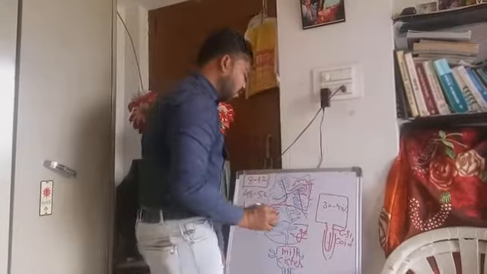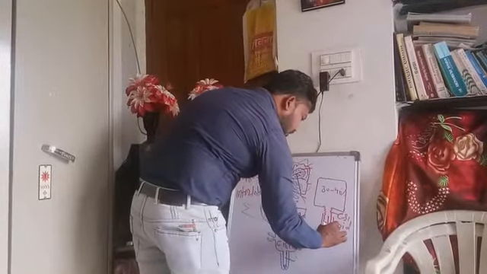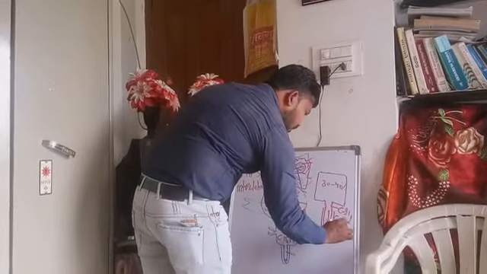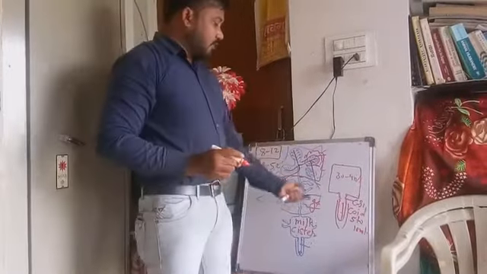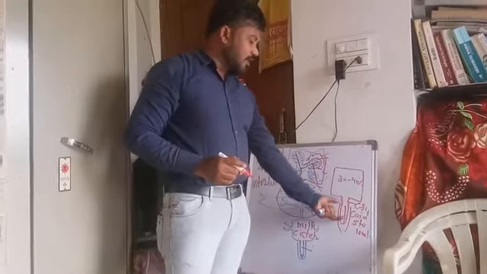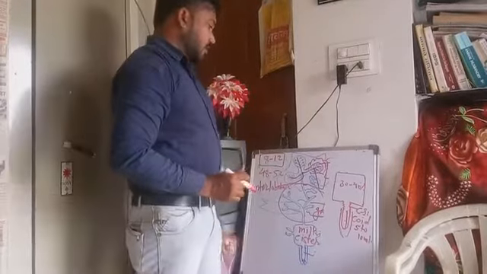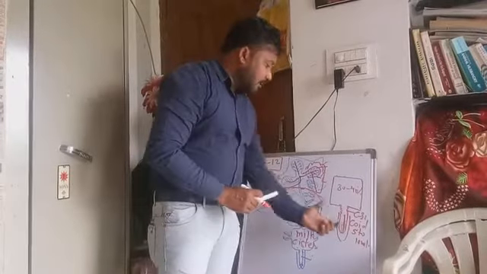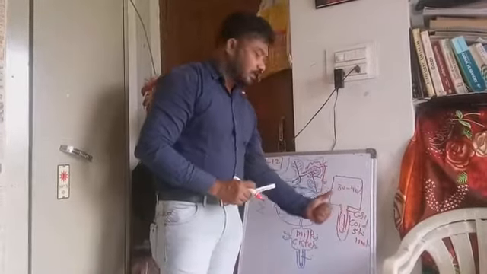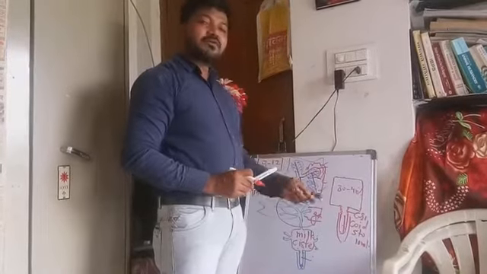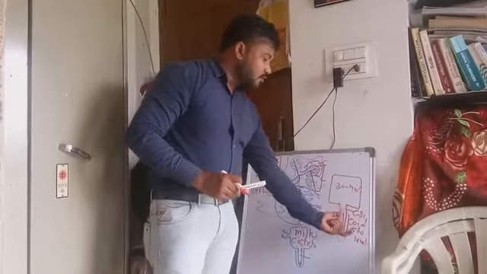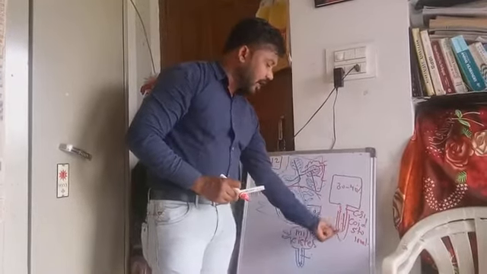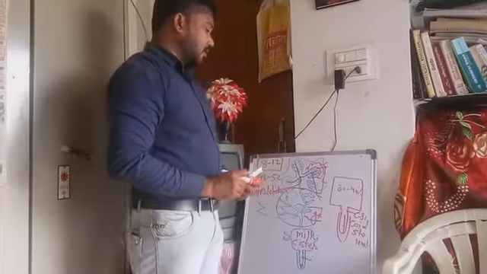It holds only 5 to 10 ml of milk. So when you apply pressure over the teat at the time of milking, or when the calf suckles the teat, at that time 5 to 10 ml of milk is discharged from this teat canal.